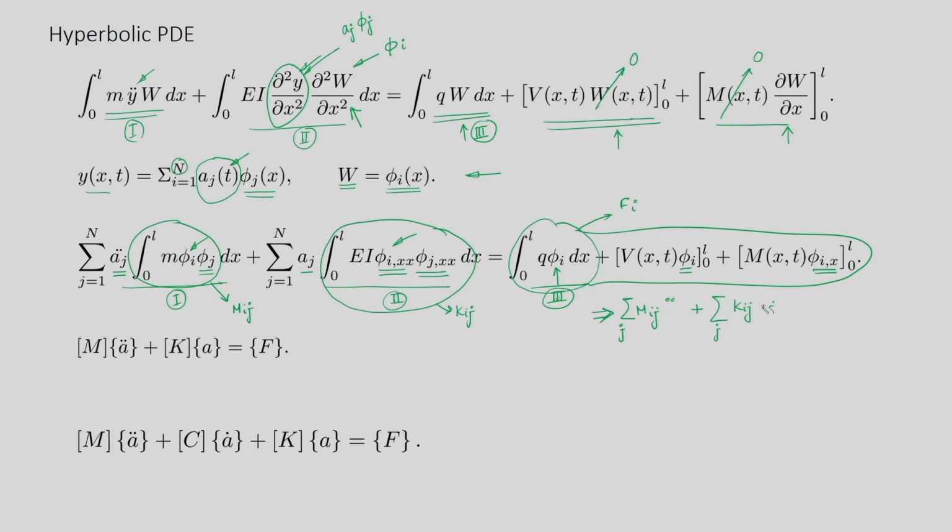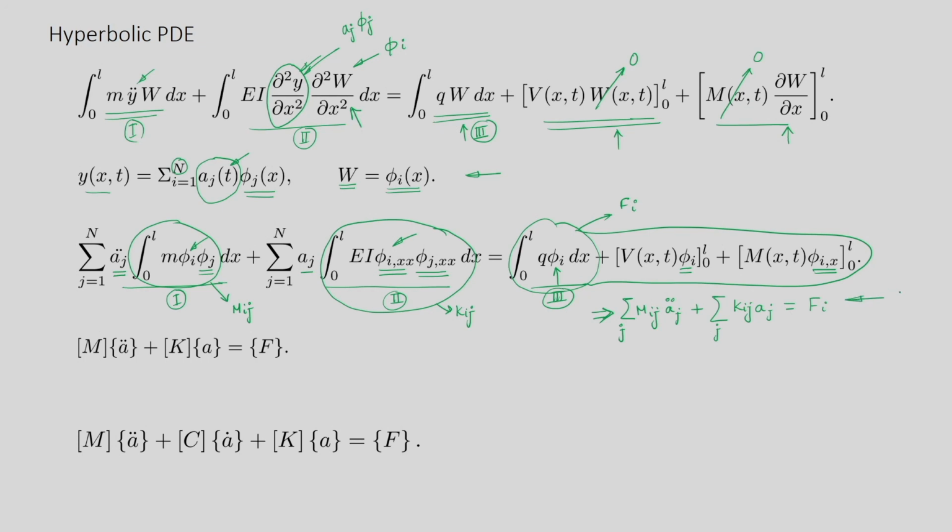Let me represent them as a. Here we got f I. Fine. So now this, how do we get?